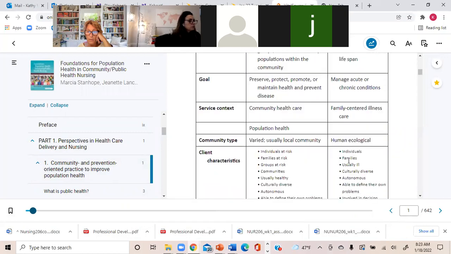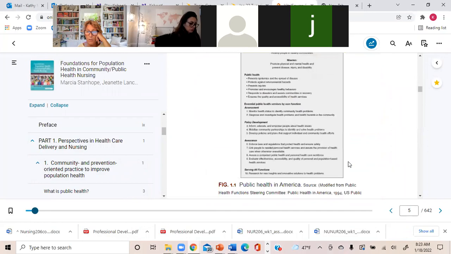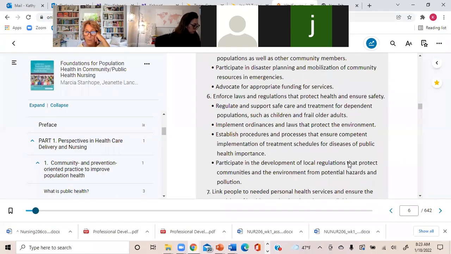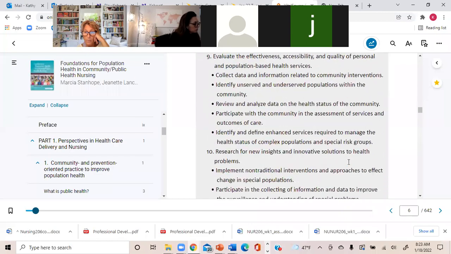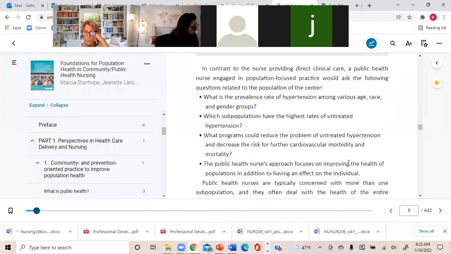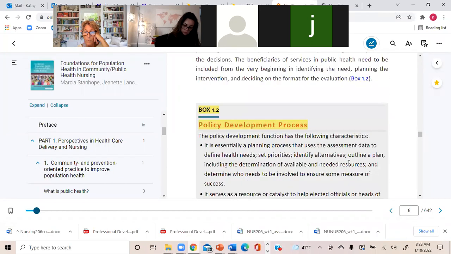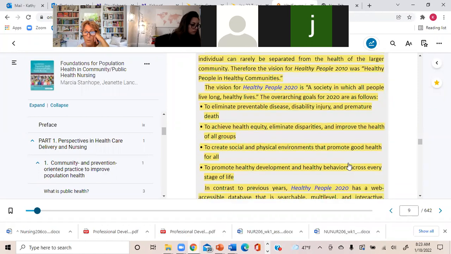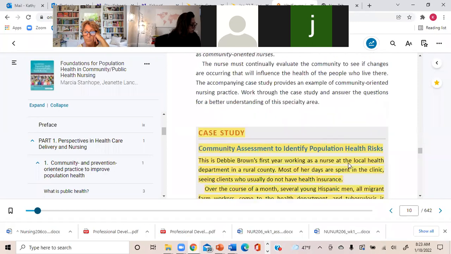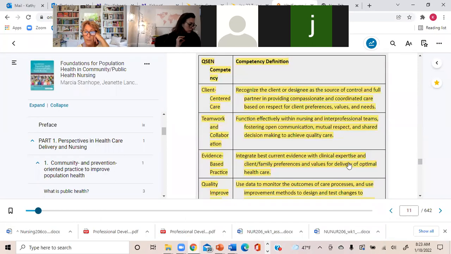I have it highlighted somewhere. I don't want you to spend a lot of time looking for that, so I'm going to find it for you. Was that it? No. No, wasn't there. Healthy people. Right here. Here you go.